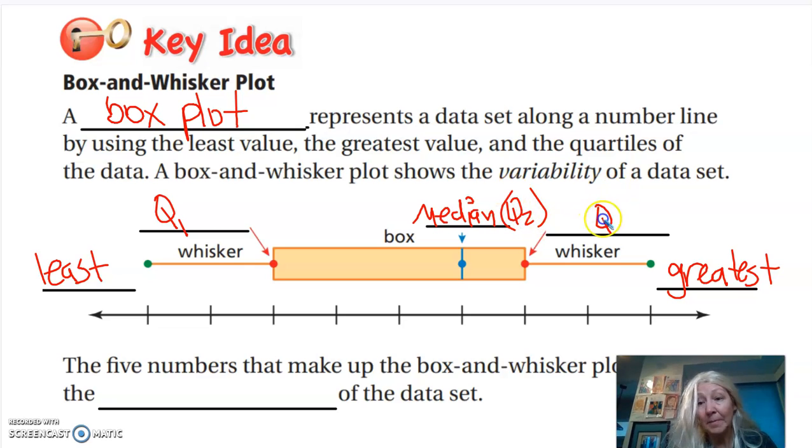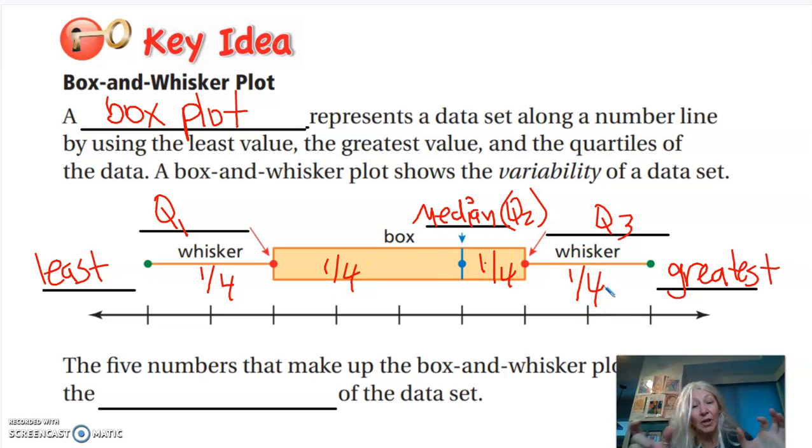And the top fourth is called Q3. Notice that it breaks up the data into 1/4, 1/4, 1/4, and 1/4. So now we're looking at chunks of data. But notice this part of the box, from Q1 to the median, notice how spread apart that is.